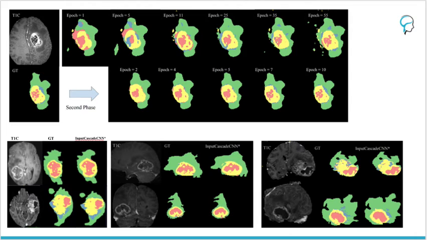Because in the first phase, the model thinks all the classes are equally likely, since we trained the model with an equal number of patches from every class, right? In the second phase, we introduce a prior by sampling patches according to a distribution which is closer to the actual distribution of classes in the data set.